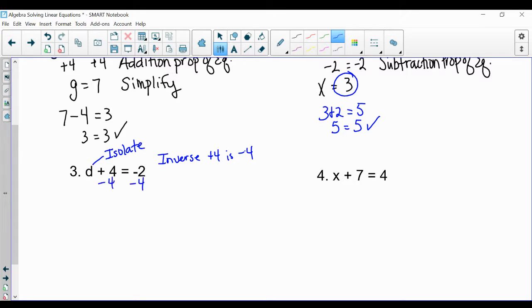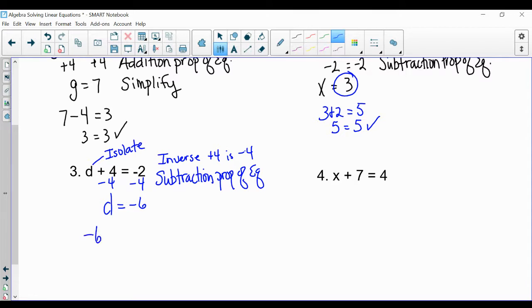So what we did there was the subtraction property of equality, because we subtracted 4 from both sides. So now we have D is equal to a negative 6. Now I'm just going to substitute negative 6 back in.